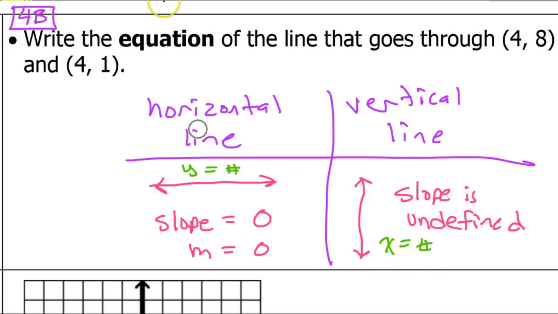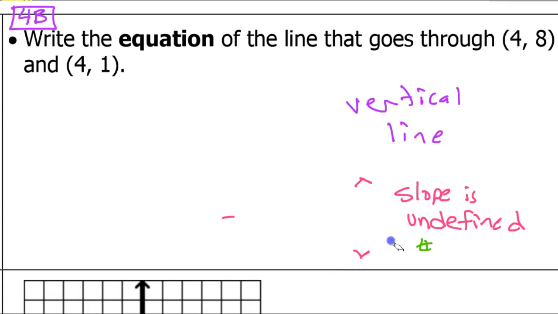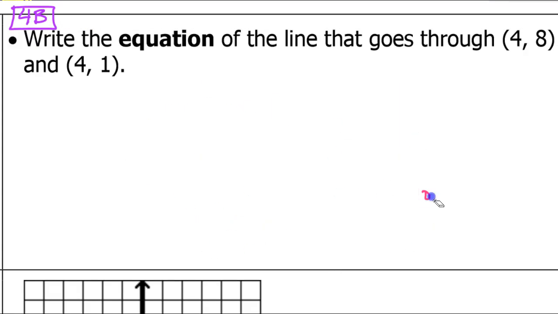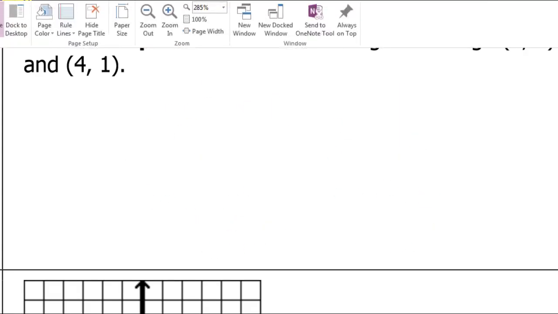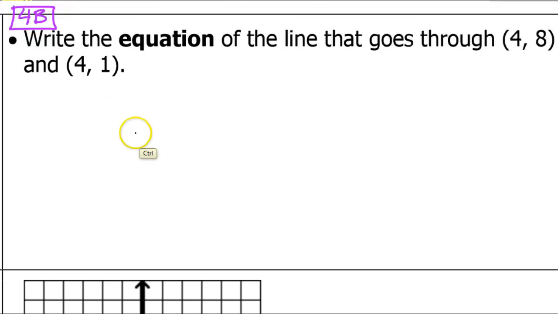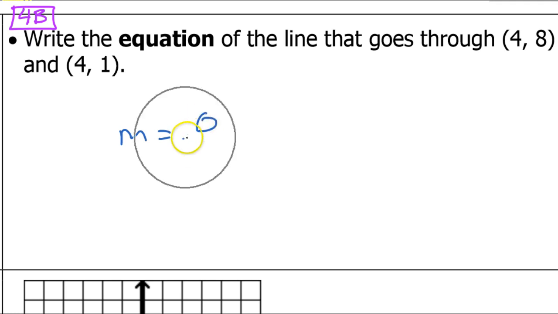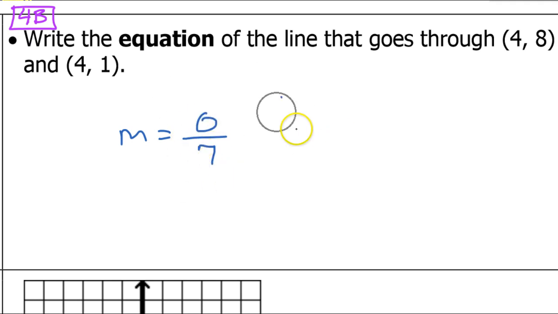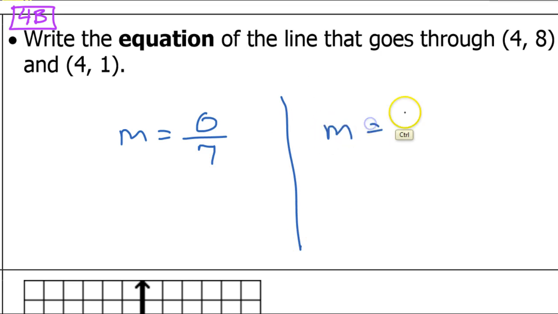All of that needs to be in your head at all times. More background information, I have to say one more thing. Say I'm calculating the slope, and somewhere along the way I get 0 over 7. Or say I'm calculating the slope and I get 7 over 0.